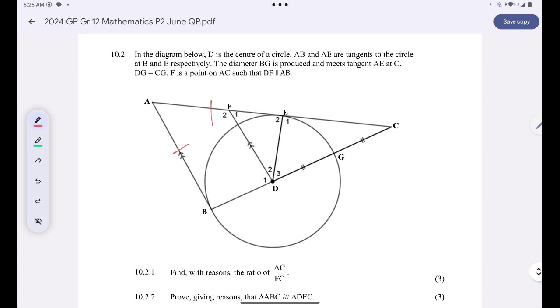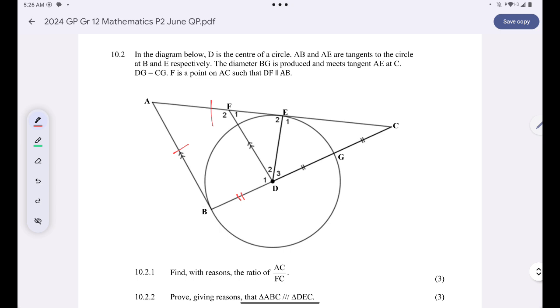The diameter BG is produced to meet the tangent AE at C. Since DG is the radius, it simply means that DB is also equal to GC.